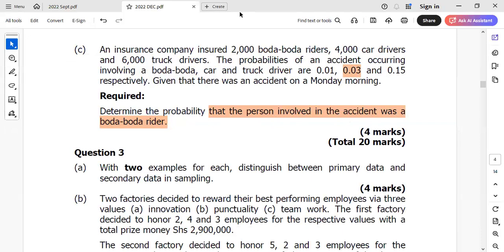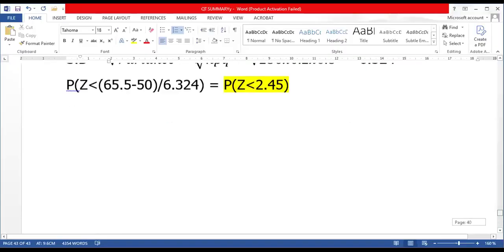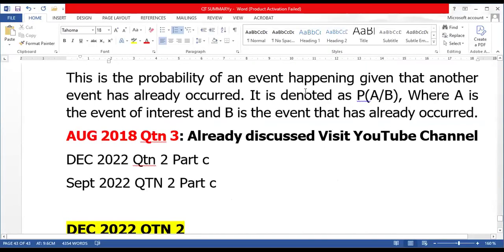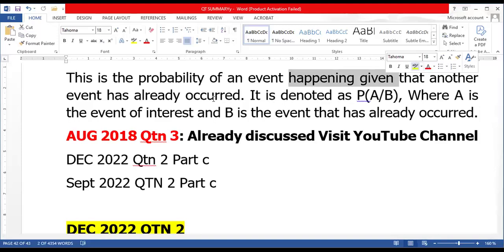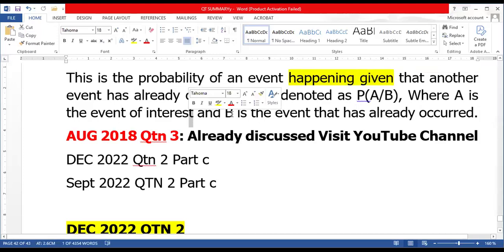What is the probability of interest here? Remember when we were defining the conditional probability, we say that it is the probability of an event happening given that another event has already occurred. So A is an event of interest, then B is an event that has already occurred.